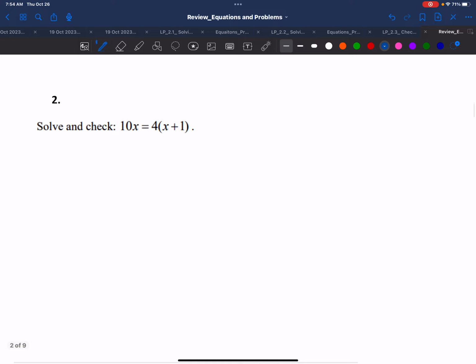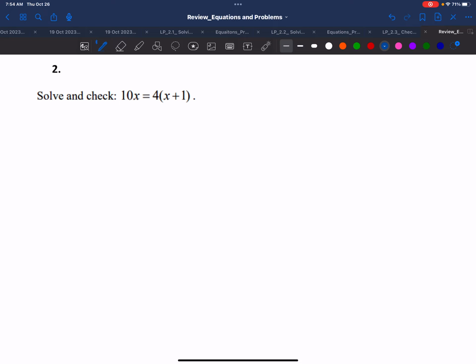So in the very last example, we are going to solve and perform a check on the solution. So we have 10x, first we solve, equals 4 times x plus 4 times 1. So 4x plus 4. Since the variable here is on the right and the left side, I'm going to take variables to the left.